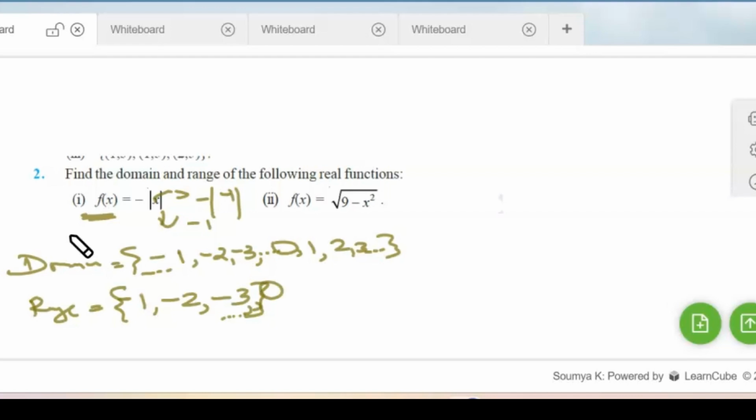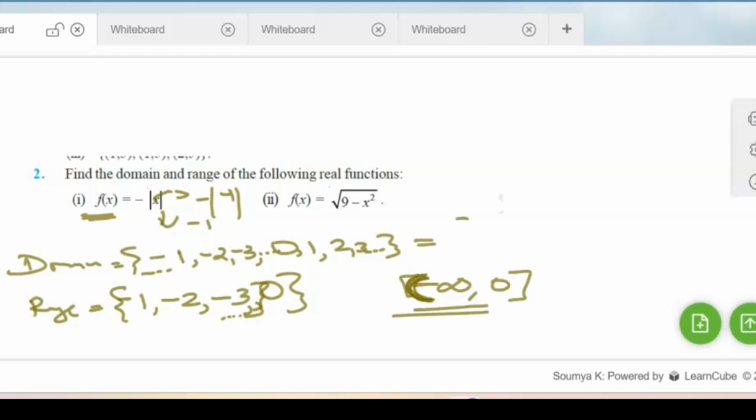If you take +1 also, you will get -1 as the output. So for this one, the range is from -infinity to 0. Not any of the positive values. And 0 is included, so you use this kind of bracket. So this is what the solution is for the range.